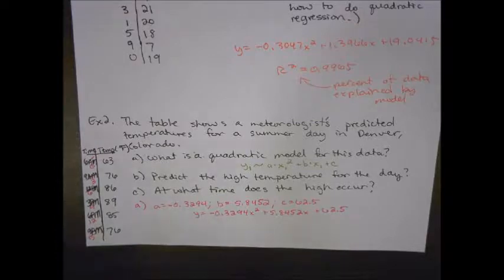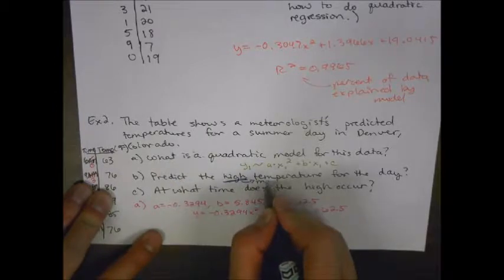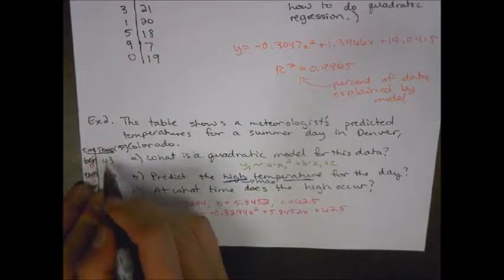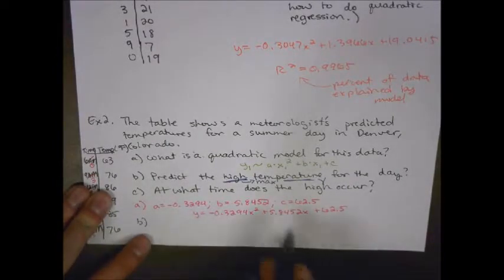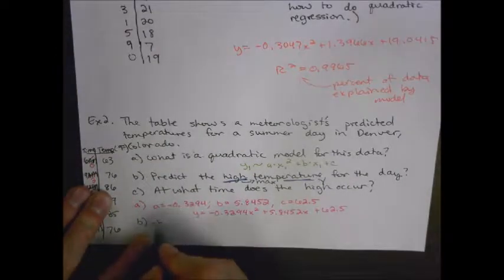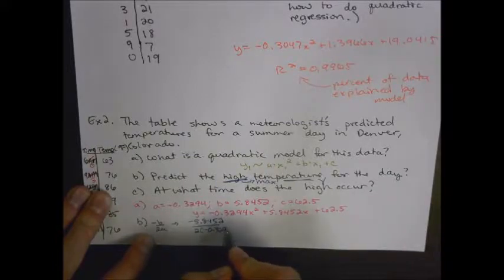Okay, so for part B, predict the high temperature for the day. So high tells us that we're going to look for a maximum. Temperatures are y value, so we're going to find our y. We're in standard form. We're going to use negative b over 2a, so negative 5.8452 over 2 times negative 0.3294.